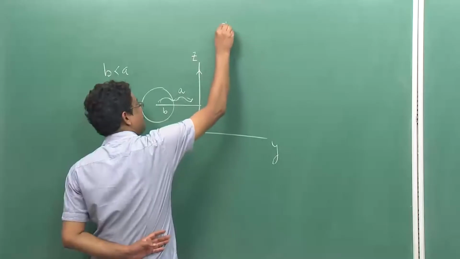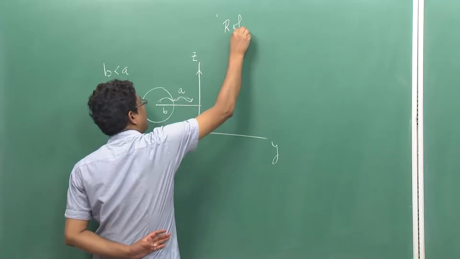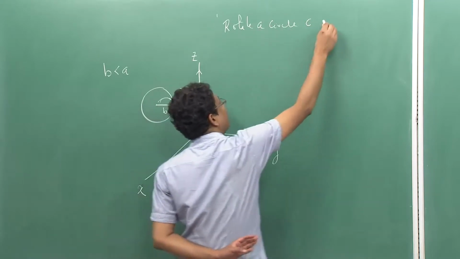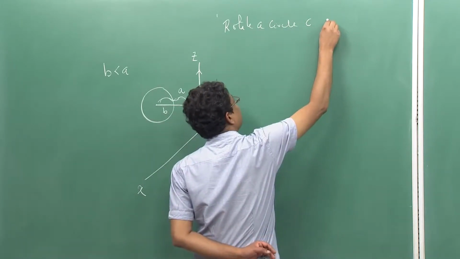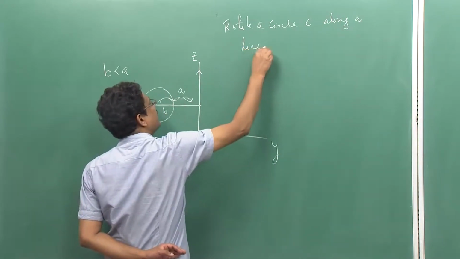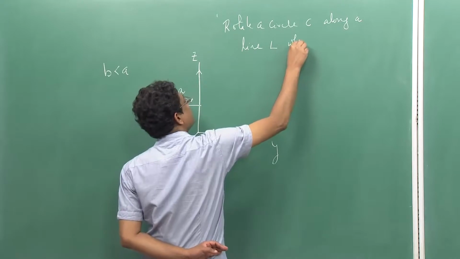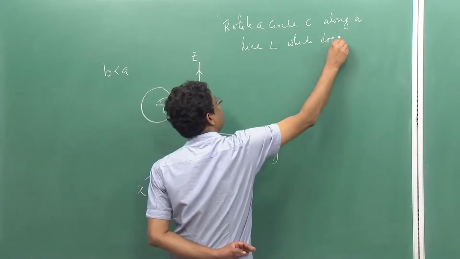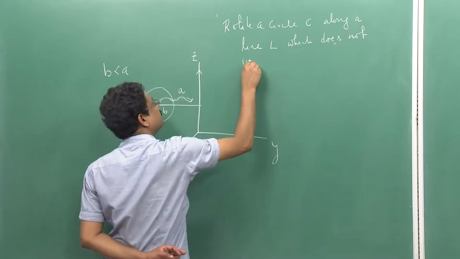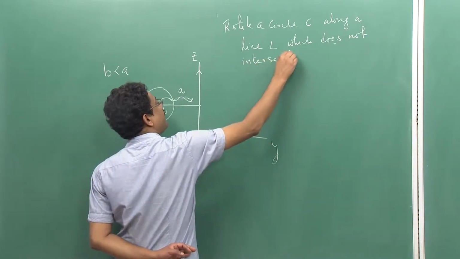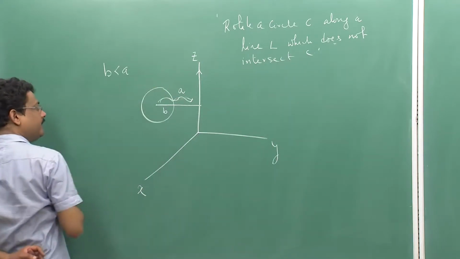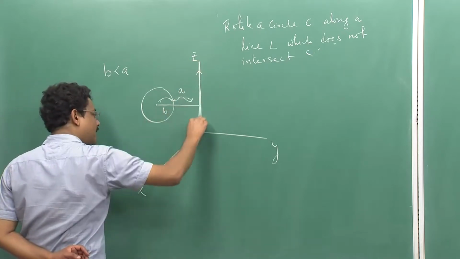So, the idea is in general to rotate a circle C along a line L which does not intersect C. In this particular case we have taken this circle in the xz plane and L to be the z axis.